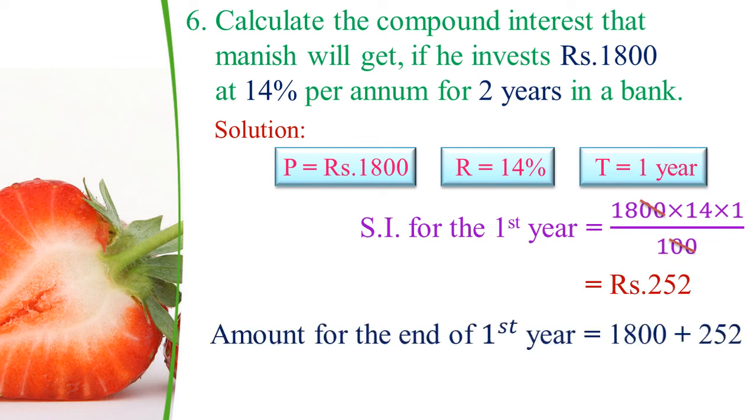So the amount for the end of first year is, here we should add the principal amount and the interest for the first year. So 1,800 plus 252. We get the amount for the end of first year is rupees 2,052.